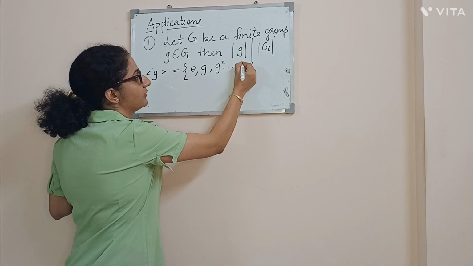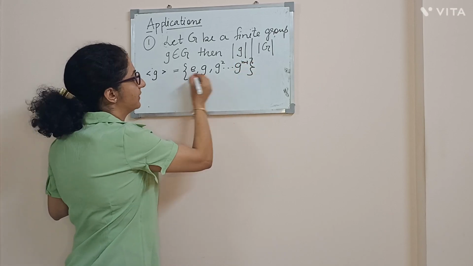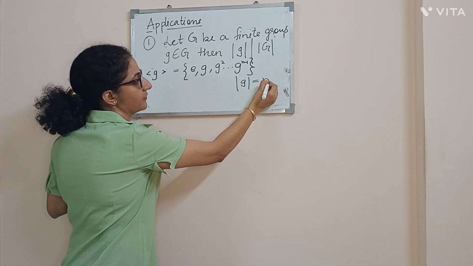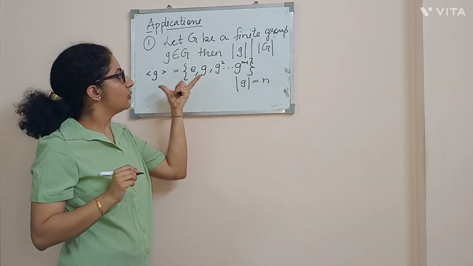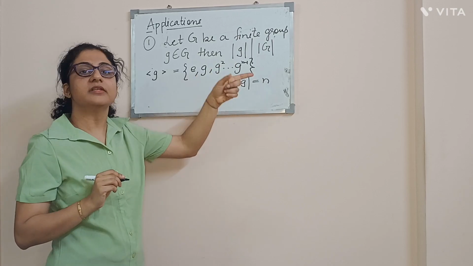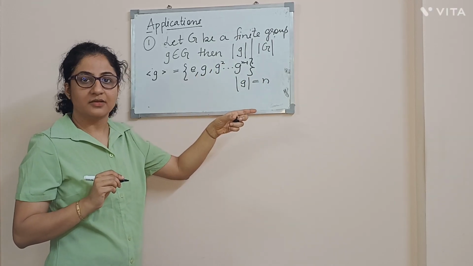So we assume that the order of this small g is n. So I know this would give these n distinct elements. After this, it would start repeating.